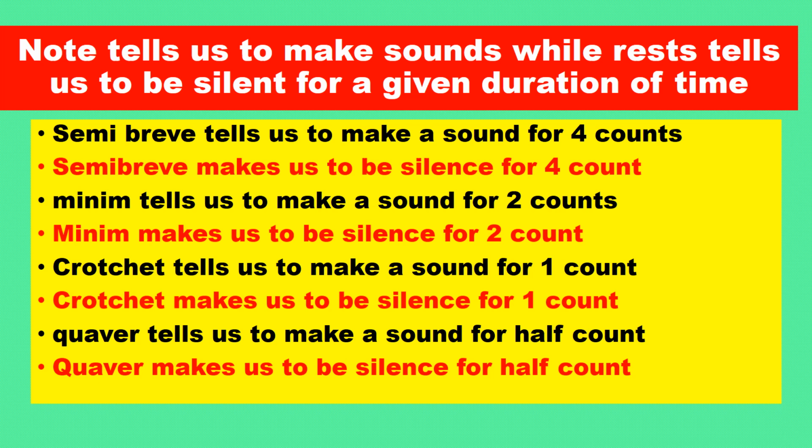Minim tells us to make sound for 2 counts, and the minim rest makes us be silent for 2 counts. Crotchet tells us to make sound for 1 count, while the crotchet rest makes us be silent for 1 beat or 1 count. The quaver tells us to make sound for a half count, and the quaver rest makes us be silent for a half count. These are how they are.